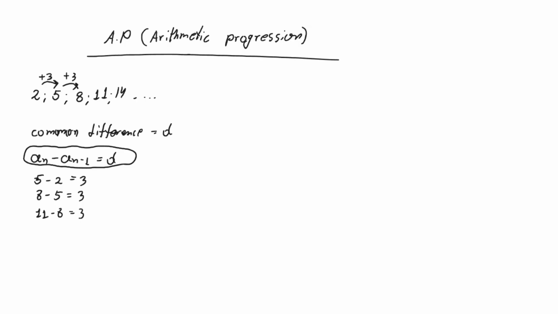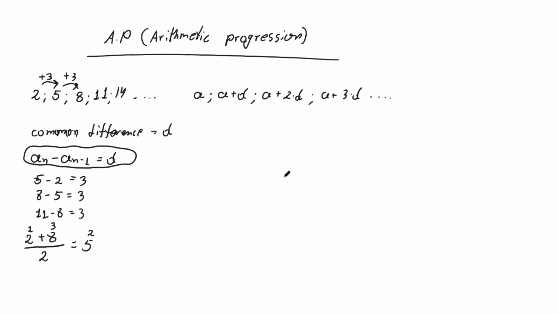One more formula is that if you add, for example, the first term and the third term and divide by 2, you will get 5. So, first term, third term, and second term. Okay, to understand why this formula works like that, we should write this sequence in formula style, which would be a, then a plus common difference, then a plus 2 times d, then a plus 3 times d, and so on.